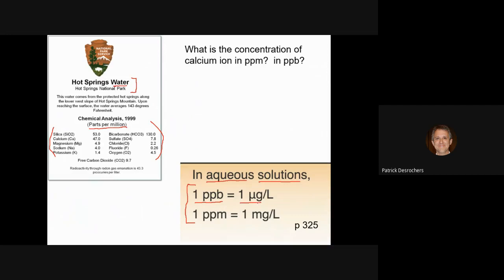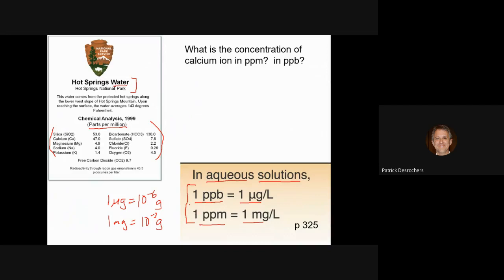So if I had 1 part per billion of lead, that would mean 1 microgram of lead per liter. And just to remind you, micro is 10 to the minus 6 grams. 1 part per million is 1 milligram of stuff per liter. So 1 milligram, just to remind you, is 10 to the minus 3 grams.